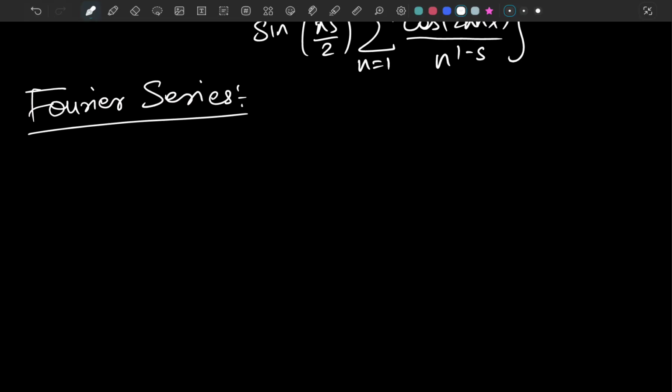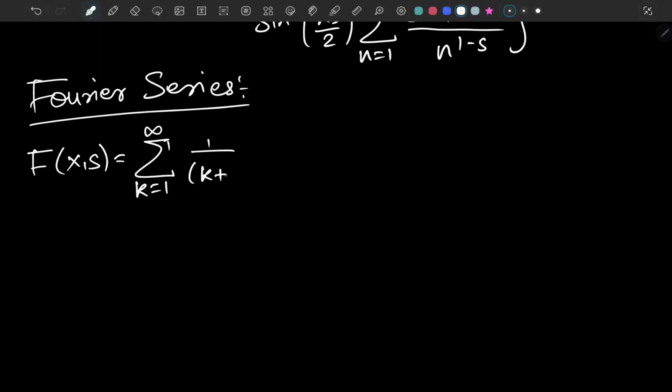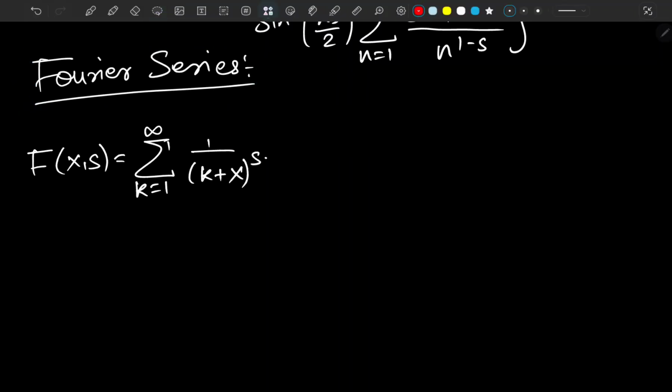For our case, let capital F of x comma s equal the Hurwitz zeta function, which is the summation as k goes from 1 to infinity of 1 over (k plus x) to the s. So this is our function, and we are going to play around with this function only throughout the video.